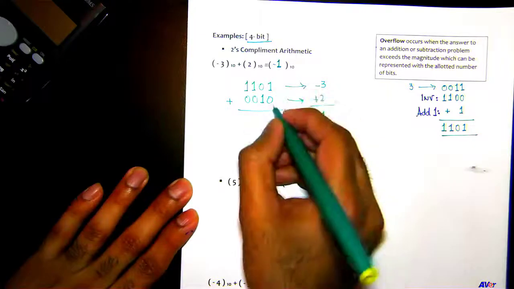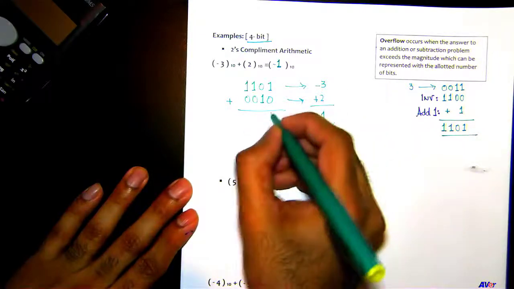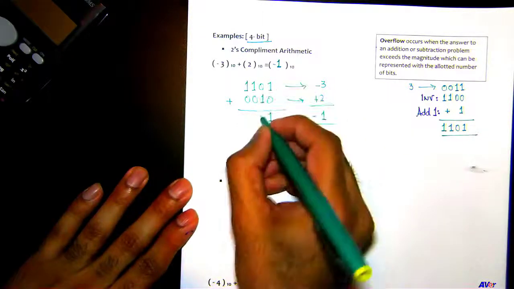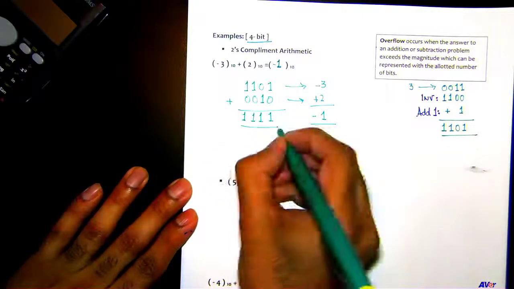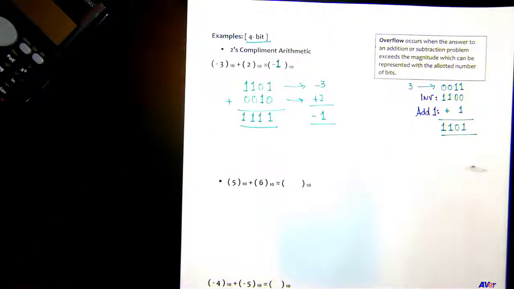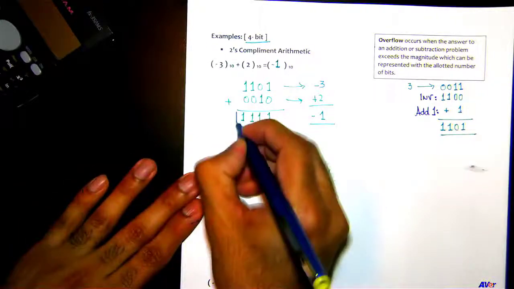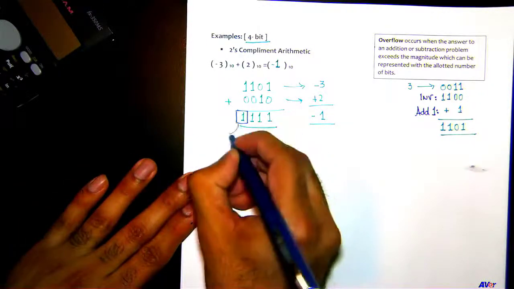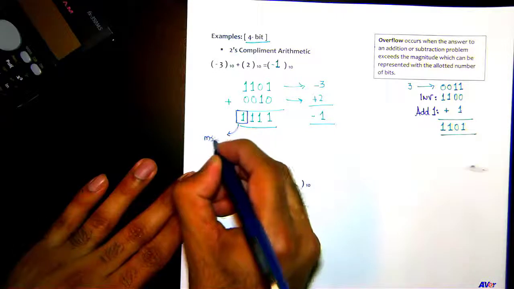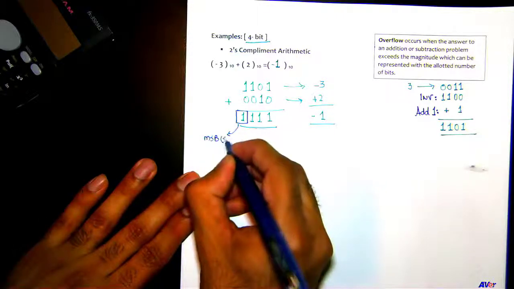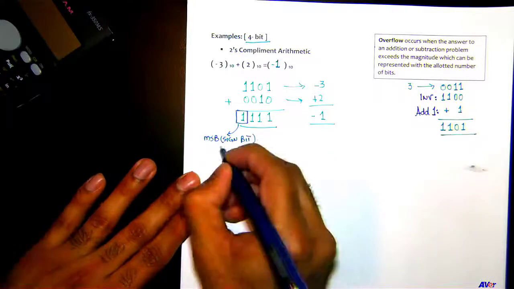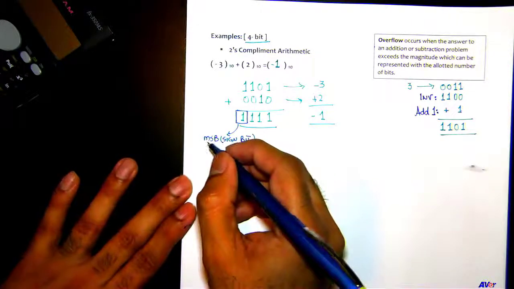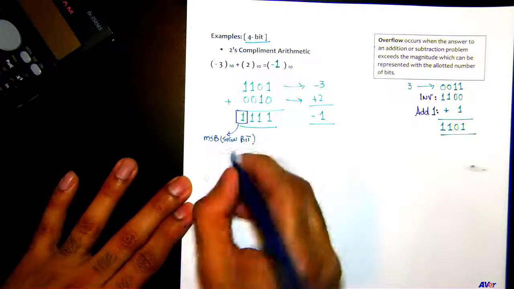Okay, 1 plus 0 is 1, 0 plus 1 is 1, 1, and 1. Okay, what happens here? The most significant bit is what? It's 1, which means what? It's a negative number.